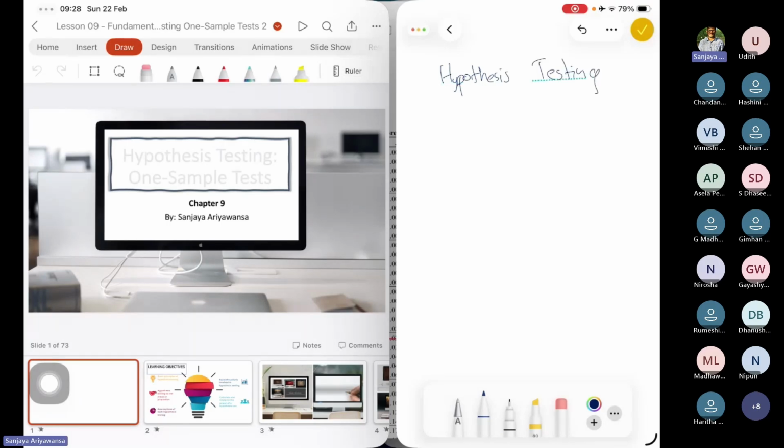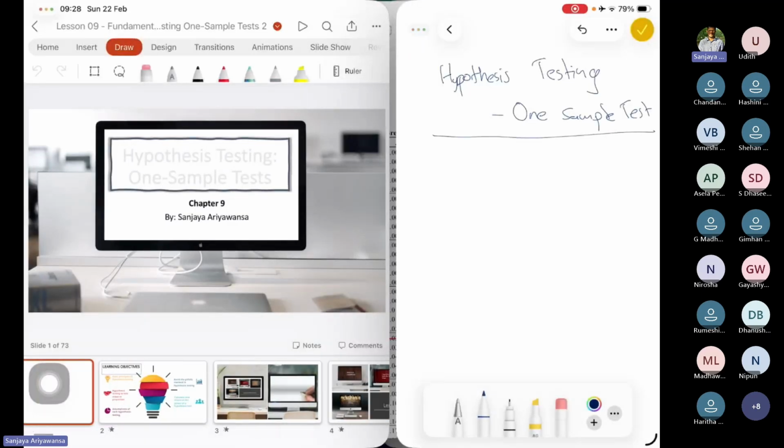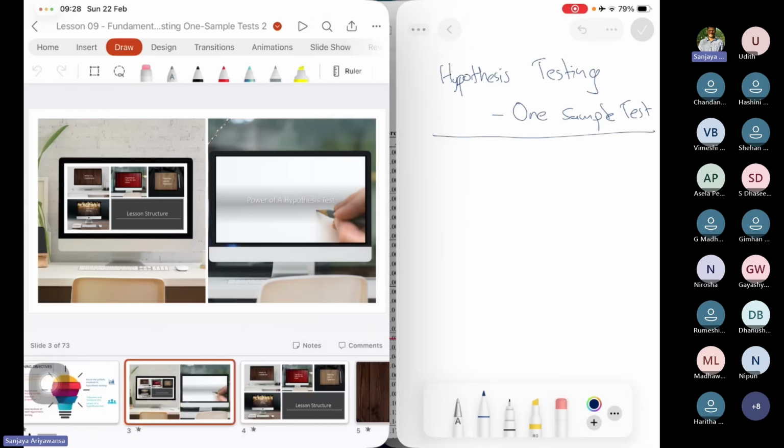And here we are looking at first the one sample test. So we are only taking one sample because the next lesson that we are covering is hypothesis testing for two samples.